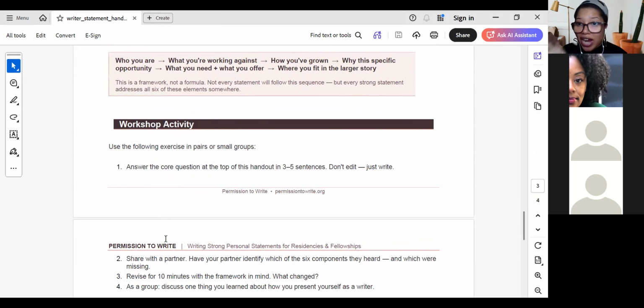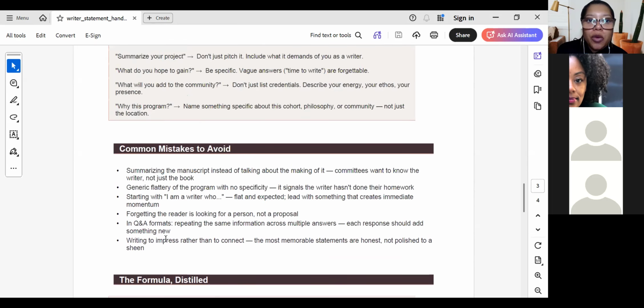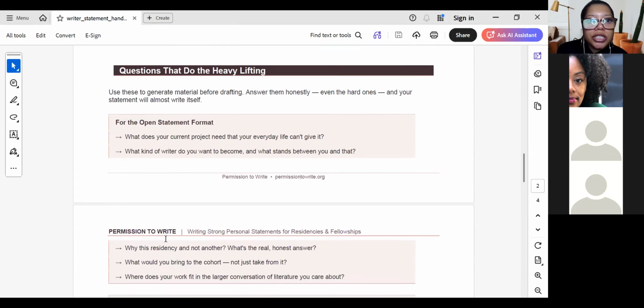Don't edit, just write it. And then instead of sharing with a partner, you can either share it in the group, or you don't have to. I don't like when I'm forced to share, but if you would like to share, you can. But I do want to give us just a minute to pick one of these questions. So for an open statement format, what is also helpful is writing a generic statement that you can then edit for the specific opportunity.